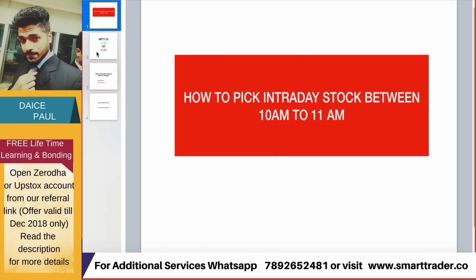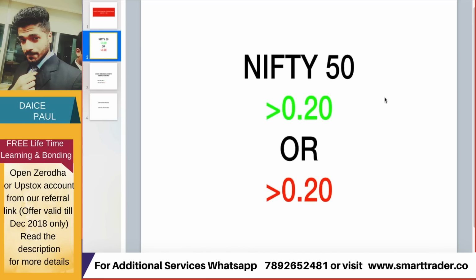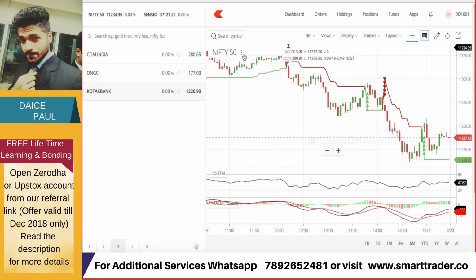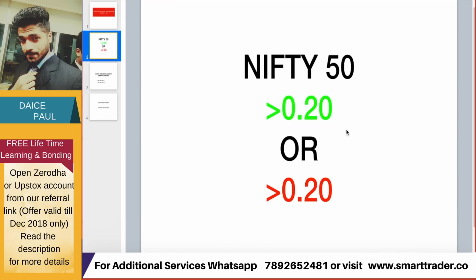So the first rule in this particular strategy is a basic rule that Nifty 50, right? You know Nifty 50, or the market which we tell, the percentage you see over here should be 0.20 percentage above. This is green, this is red.